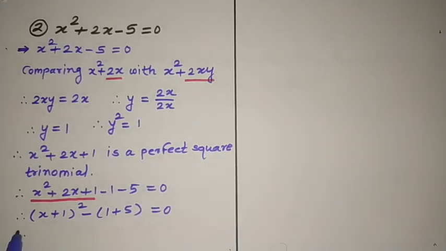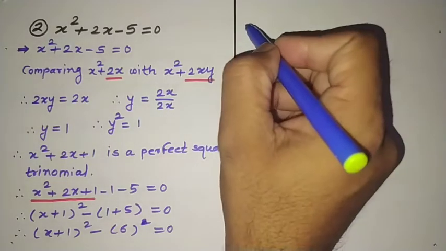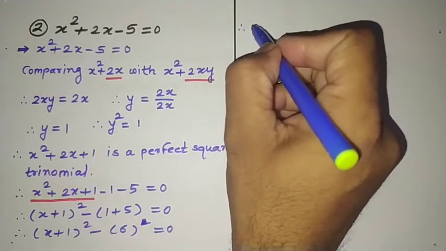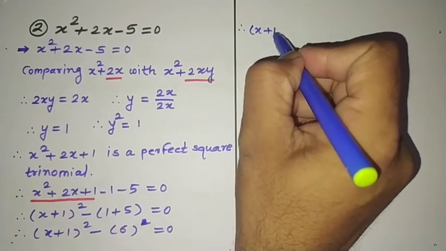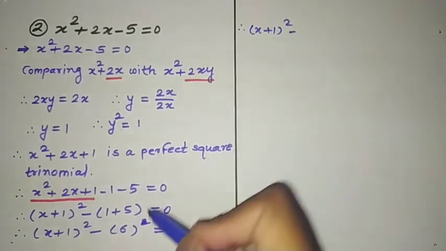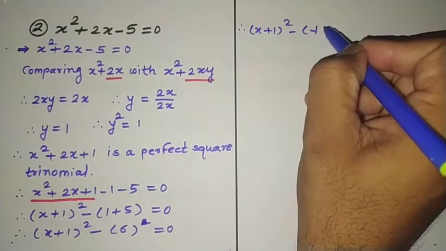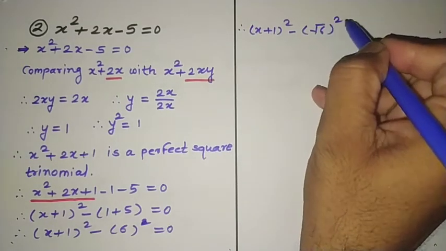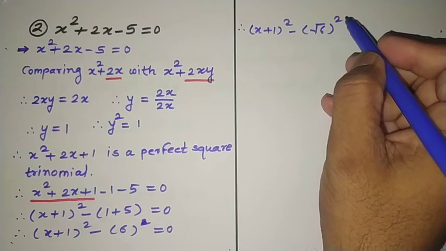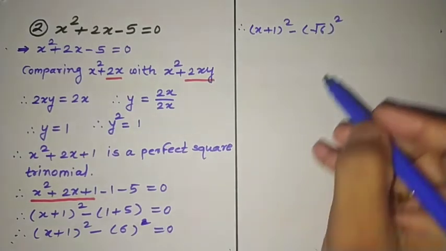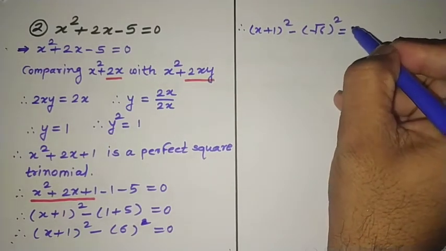Therefore x plus 1 whole square minus 1 minus 5, minus 6, is equal to 0. Write 6 as the square of root 6, so x plus 1 whole square minus root 6 whole square is equal to 0.